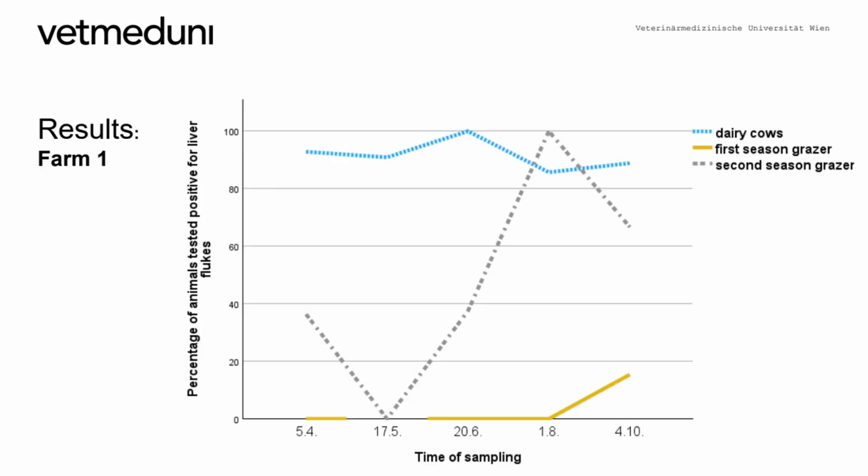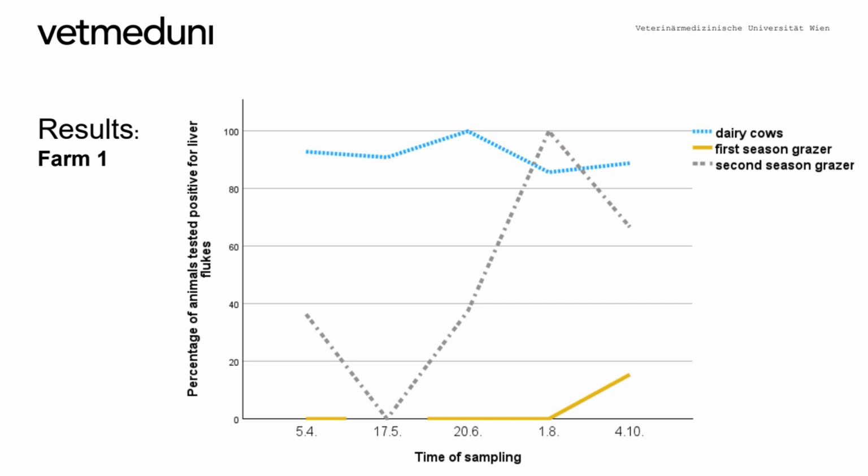What we can see here on this farm is just for 1 year. We investigated those farms for 2 years. This is the dynamic we could observe on single farms. Dairy cows were often almost 100% positive throughout the whole Alpine season, while second season grazers increased in prevalence over the Alpine season.